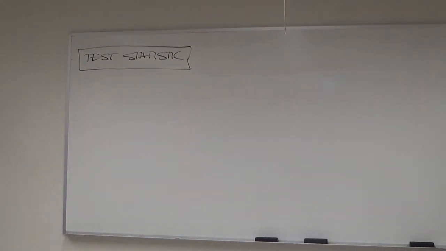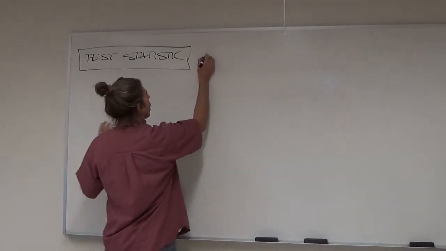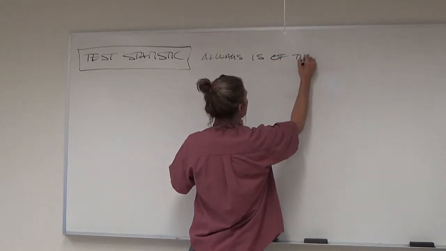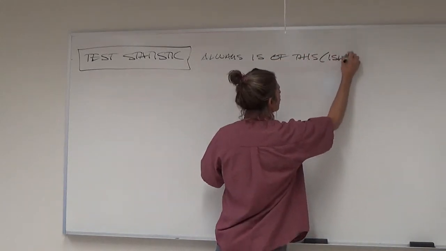Okay. A test statistic looks a lot like a z-score. Remember those from 243? Here's why. Your test statistic always is of this-ish form.